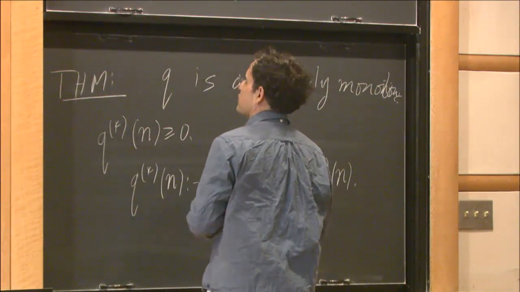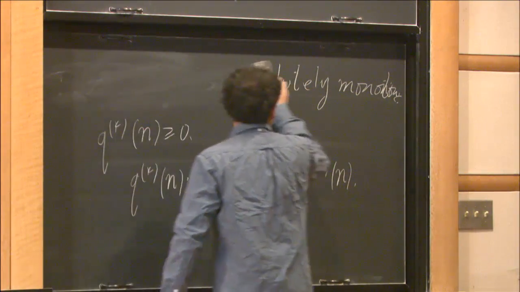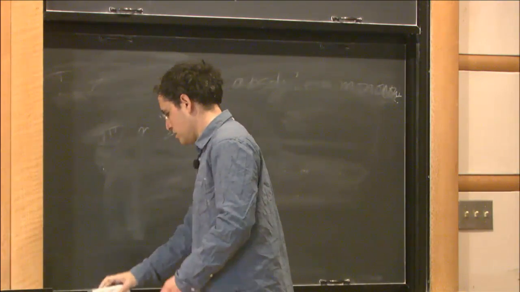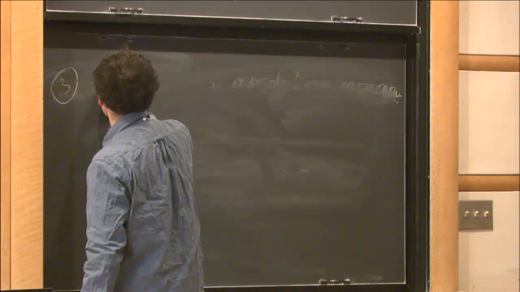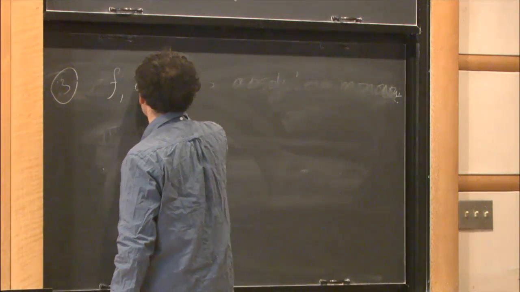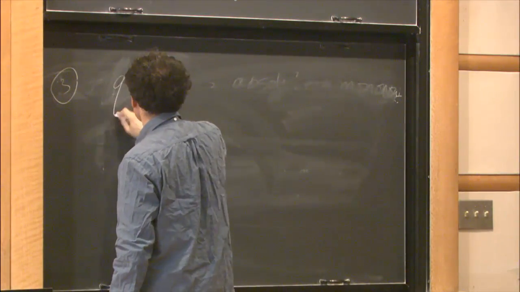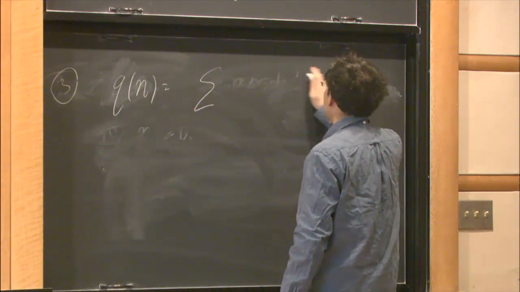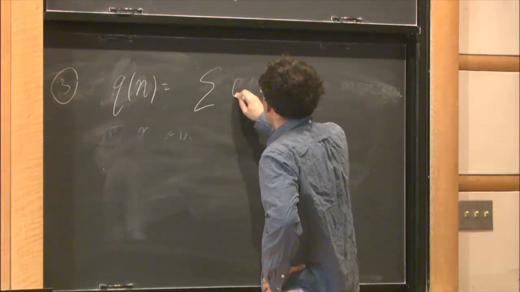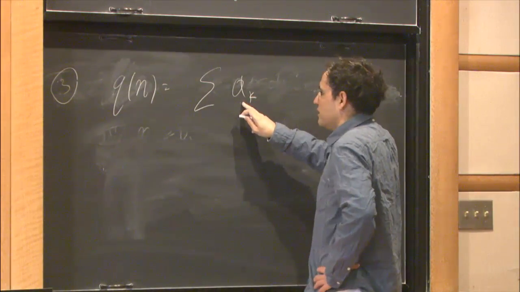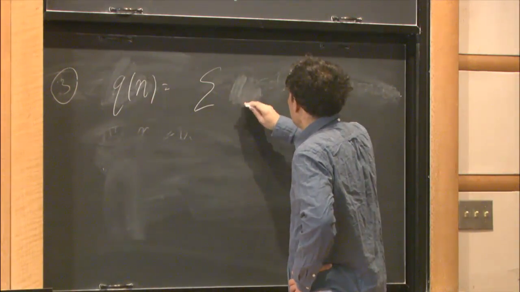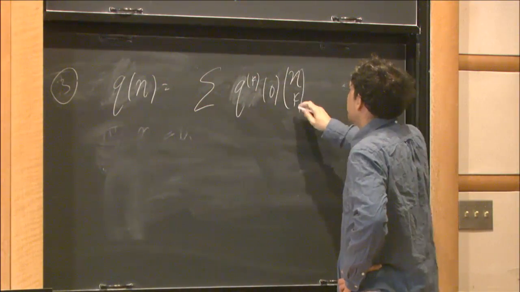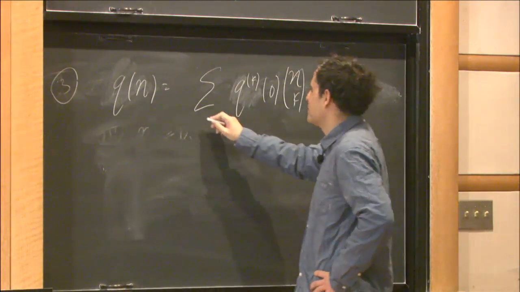And the third part is just to observe that any absolutely monotonic function q of n can be written as a sum of functions which satisfy this inequality.